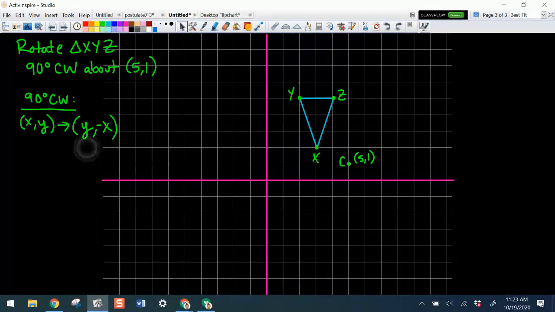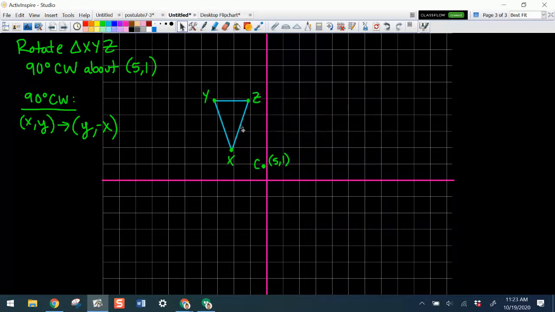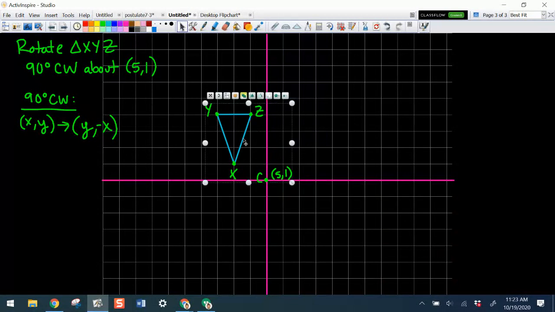So to use this function again, what we're really doing is rotating the figure around the origin. So the math we're going to do is take this triangle and this center, and literally shift it left 5, down 1, so that the center is, quote unquote, around the origin.